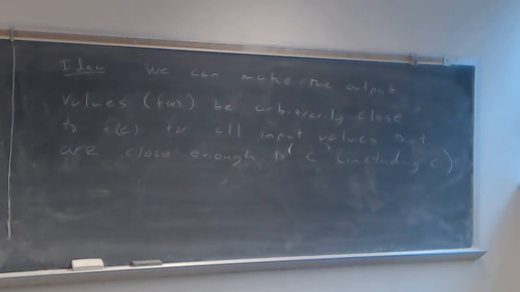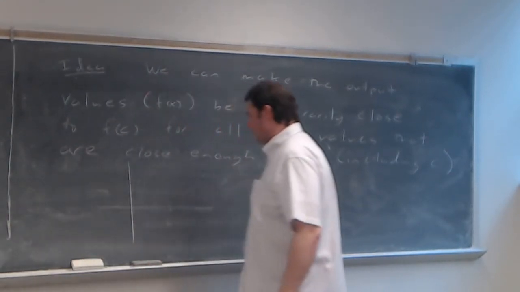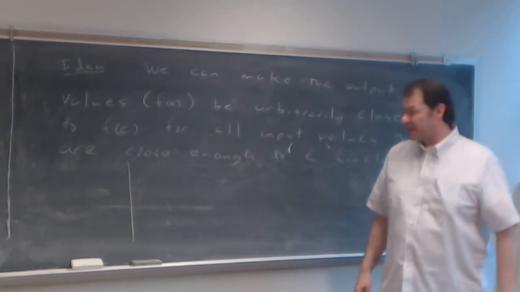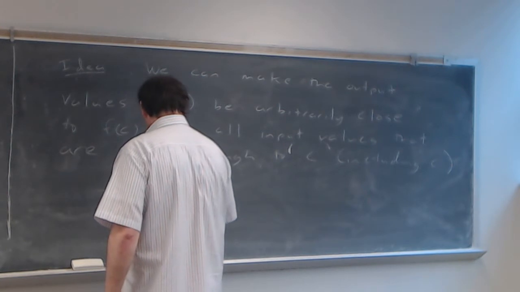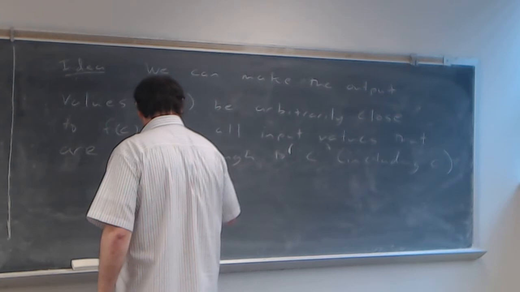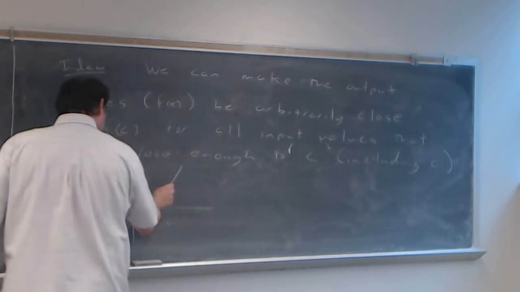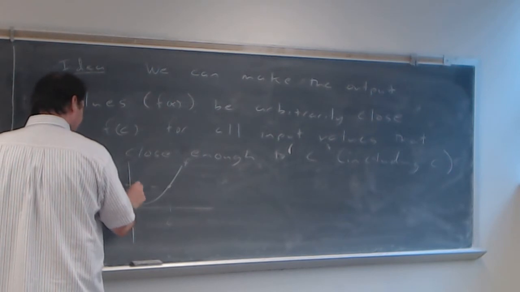Pictorially, if we think of this as c, and c is in the domain of our function f, maybe our function looks like this. This is my function f. Here is f of c, the output value.